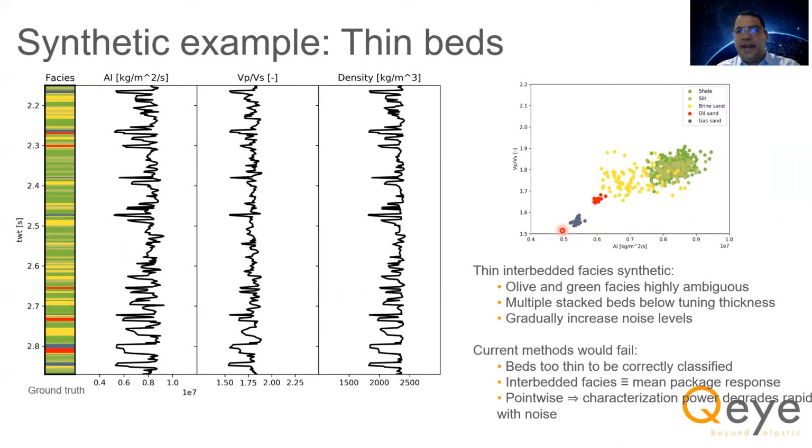We have here a gas sand, an oil sand in red, a brine sand in yellow, and here in green we have a shale facies, and in olive we have a silt facies. And you can see that those last two facies overlap. So they are also ambiguous, like in the previous example.